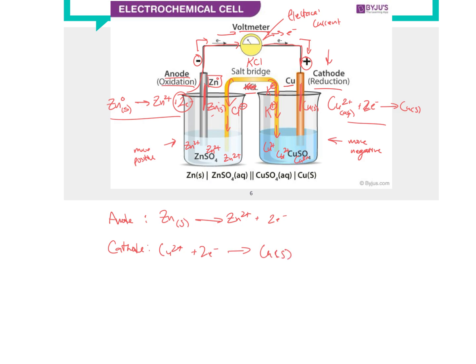And as a result, what's happening here is that the electrons go from the anode to the cathode through the voltmeter, and the salt bridge will give Cl minus to the anode solution and K plus to the cathode solution.